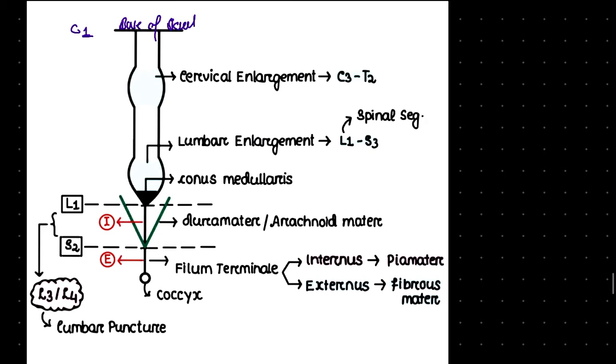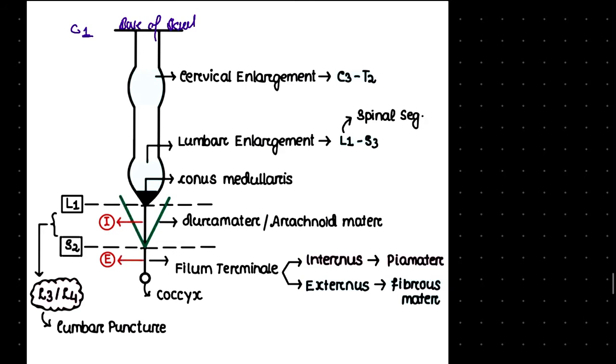Okay. Now if you see this region, the region of the filum terminale internum, if you see here carefully, what you'll notice is that in this region there is no spinal cord, but there is the presence of cerebrospinal fluid.